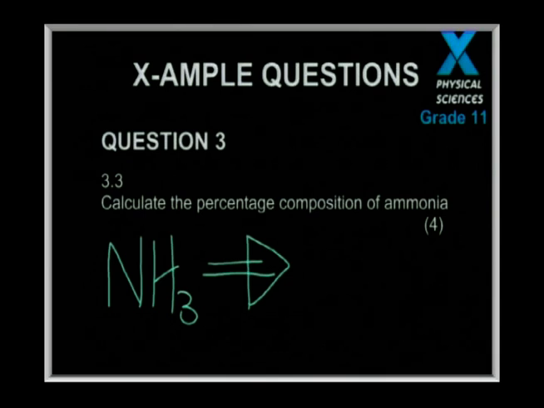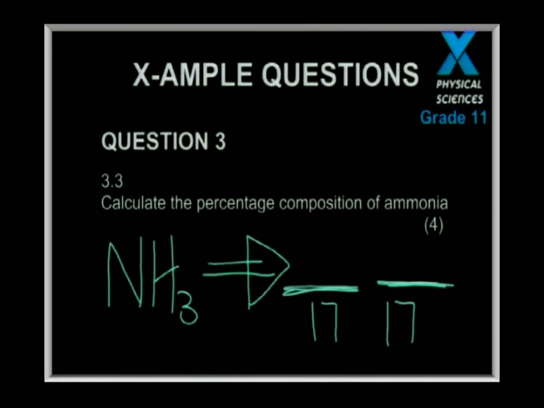Fortunately, I happen to know them. For nitrogen it's 14 and each hydrogen is 1, so that is 17. Then I need to look at the percentage of ammonia that's made up out of nitrogen and the percentage of ammonia that's made up out of hydrogen.